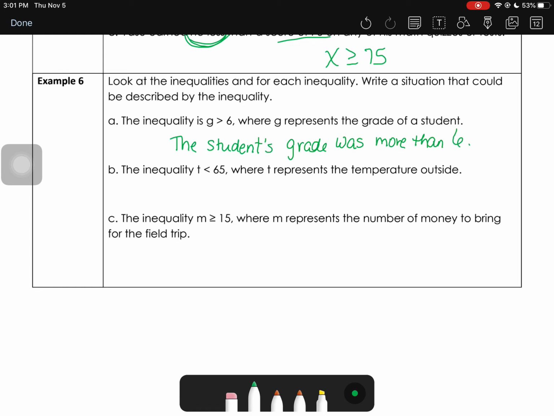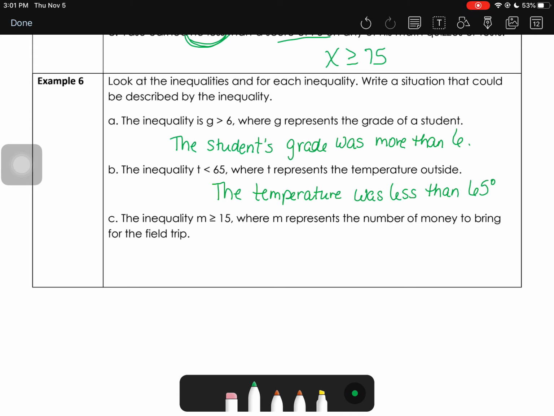This is just a sample. In the next one it says the inequality T is less than 65, where T represents the temperature outside. The temperature was less than 65 degrees.